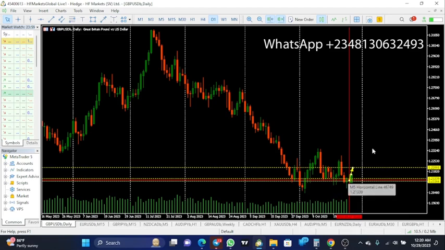We could be having it going bullish next week as we enter the new trading week. Great British Pound USD could be bullish. It's already preparing to go bullish.